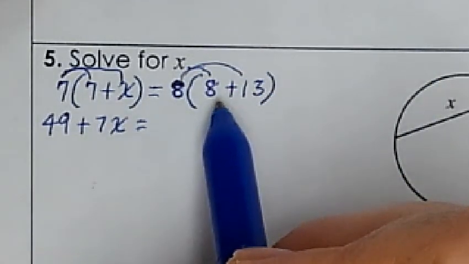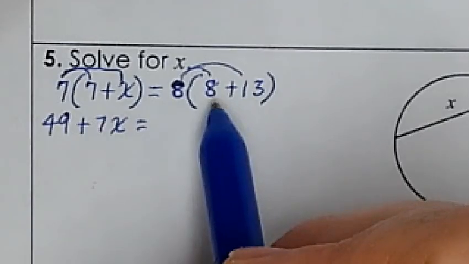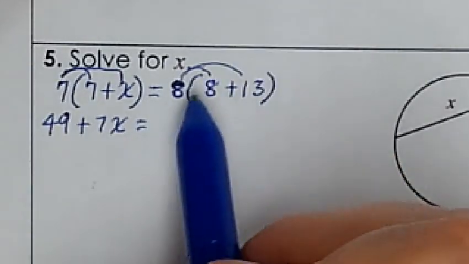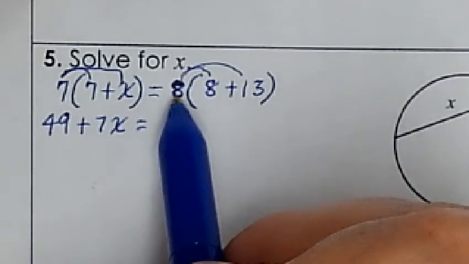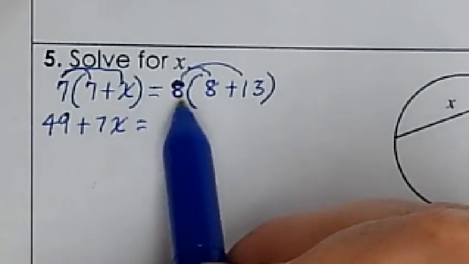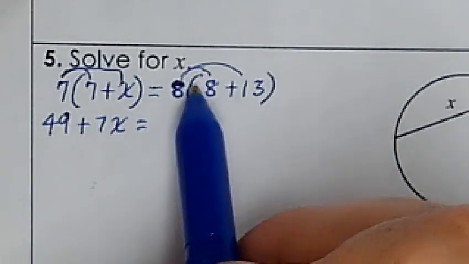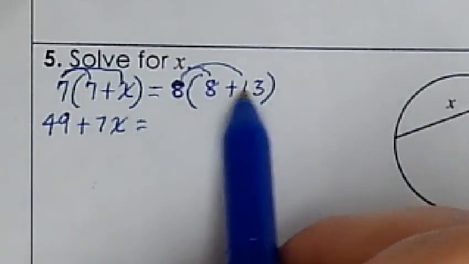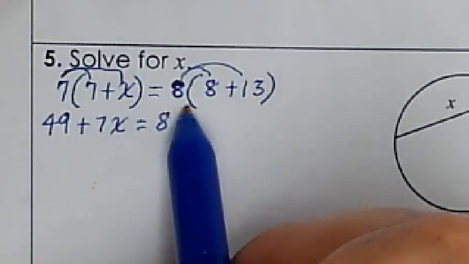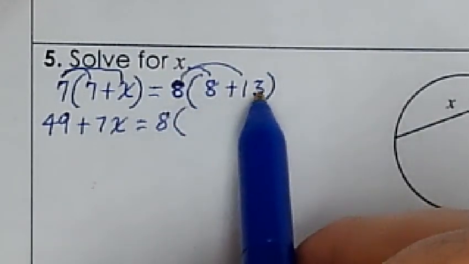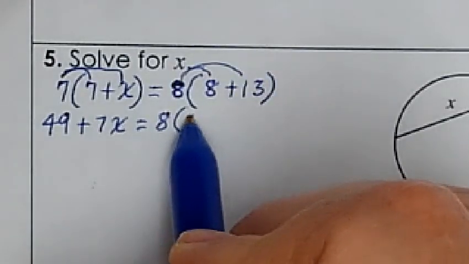Because when you see a number, the question is, how do you know when you've got to multiply? First, you try to do what's inside the parentheses. Inside the parentheses, I could add 8 plus 13, which is 21. When there's nothing between the 8 and the parenthesis, that means times.